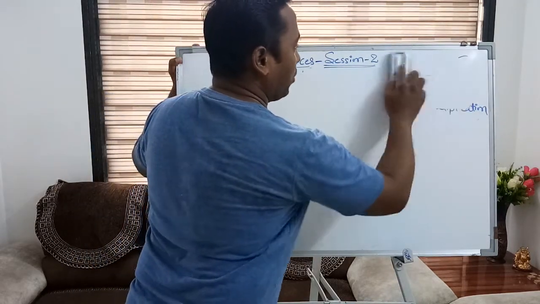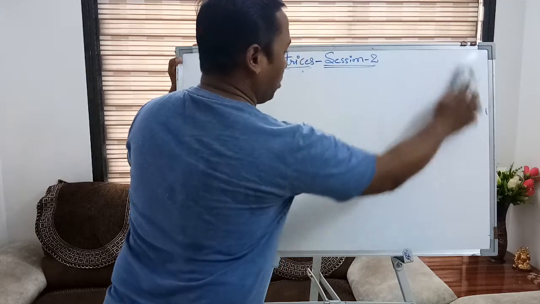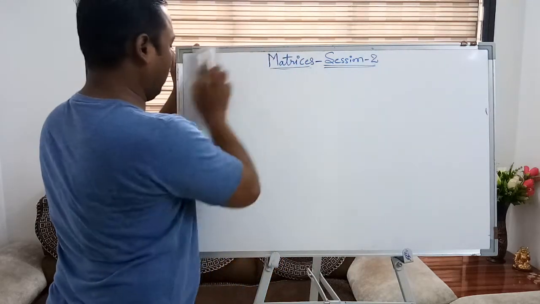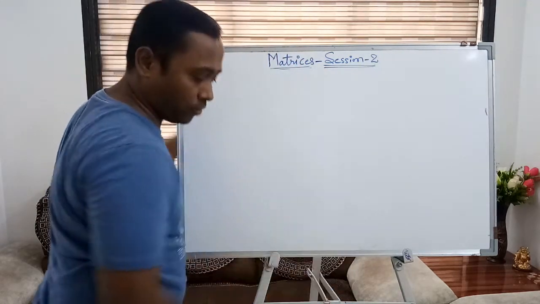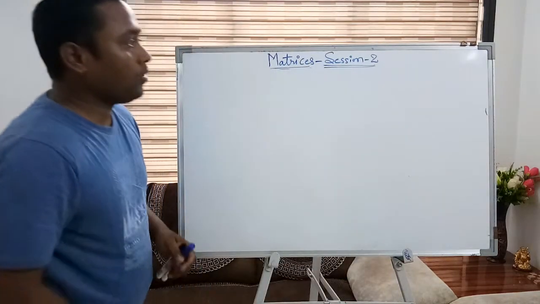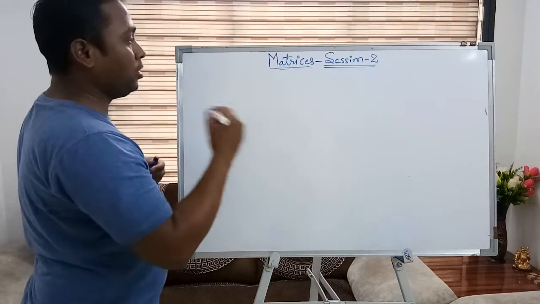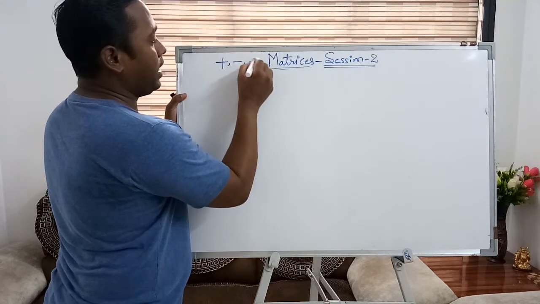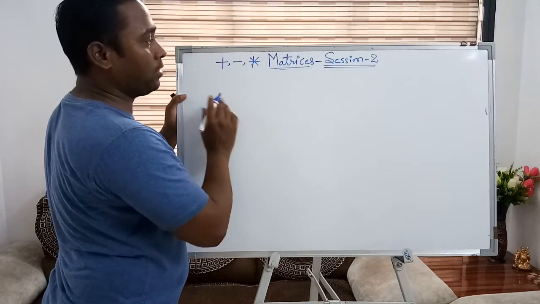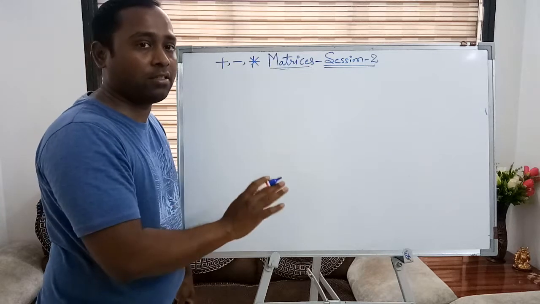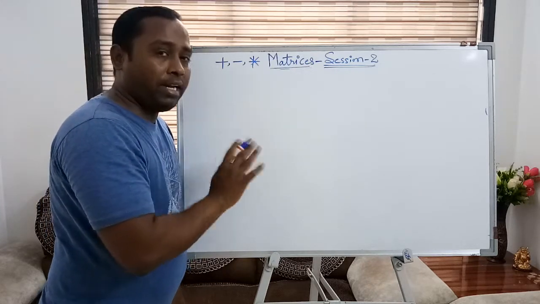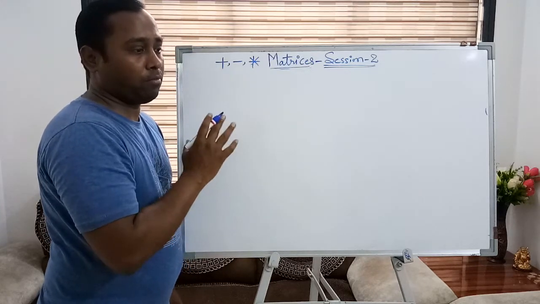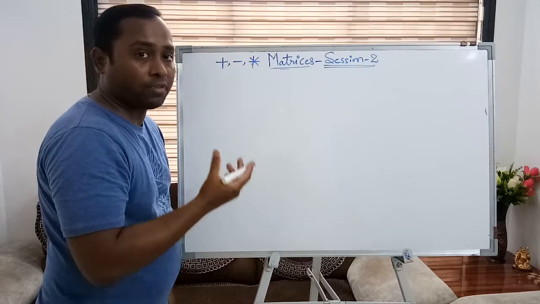Now we are moving to the addition and subtraction. Again simple, addition and subtraction. Remember, addition, subtraction and multiplication of the matrices. Division of the matrices is meaningless in the concept because a matrix is a collection of data.